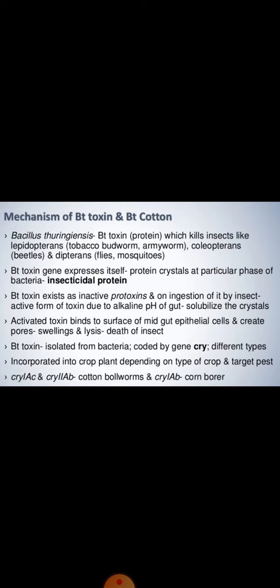It kills the other groups of insects, that is lepidopterans, coleopterans, dipterans, but it is ineffective against this Bacillus. So what is the reason? The reason is that the Bt toxin protein exists in an inactive form, and it is known as protoxin.